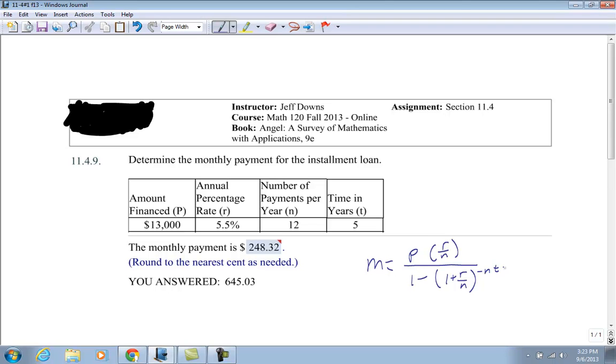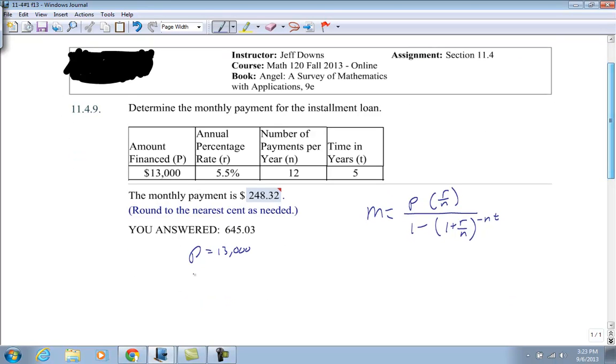In this, our P is going to be 13,000. R is 0.055. The N, of course, is 12, and the T is 5.